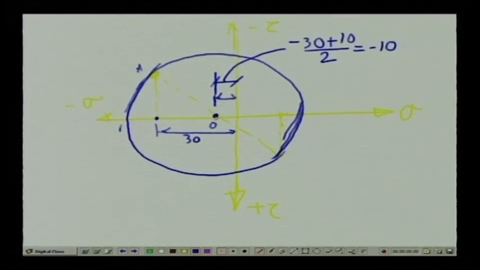So, the distance from here to here is 20, which is sigma x minus sigma y by 2. As we have evaluated earlier, this particular distance O dashed is equal to sigma x minus sigma y by 2, and sigma x is minus 30, sigma y is 10, divided by 2, which is equal to minus 20. So, from here to here it is 20, and this is tau x y, which is also 20.